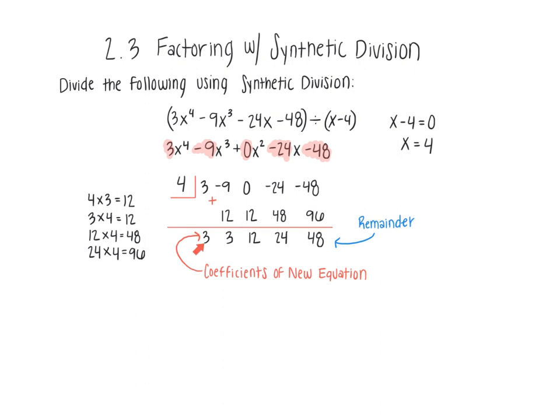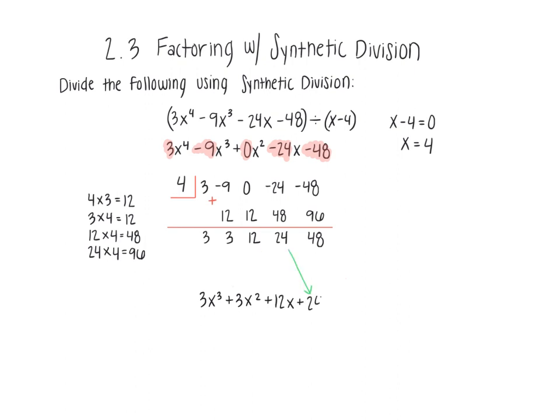So my answer is going to start with x to the third. So 3x to the third plus 3x squared plus 12x plus 24, and then you always add your remainder at the end, but you need to put it on top of the divisor. So 48 over x minus 4.